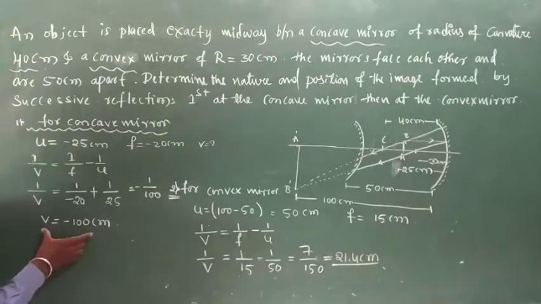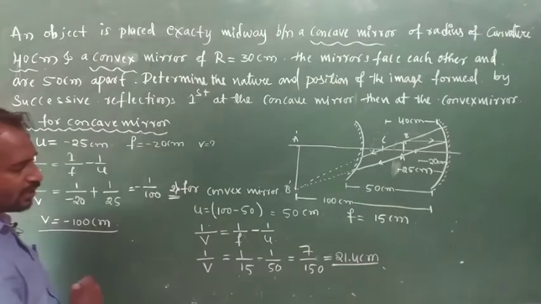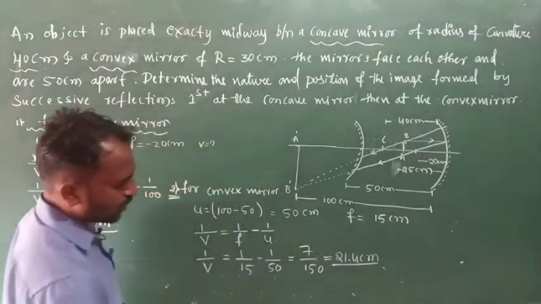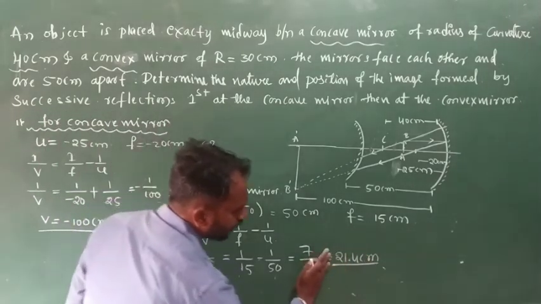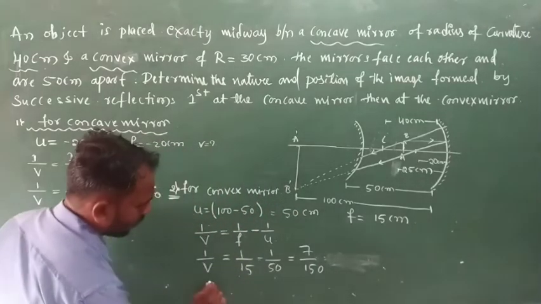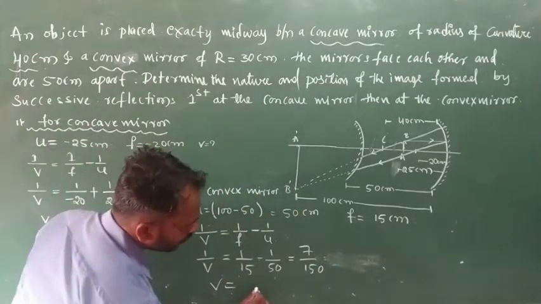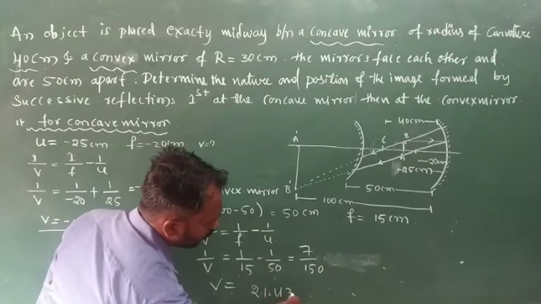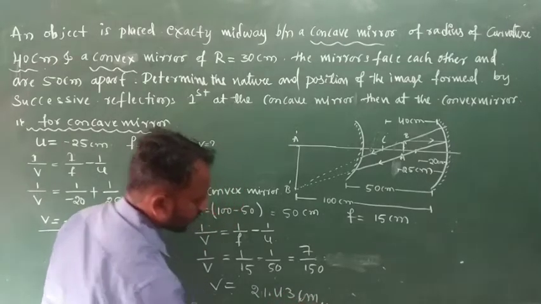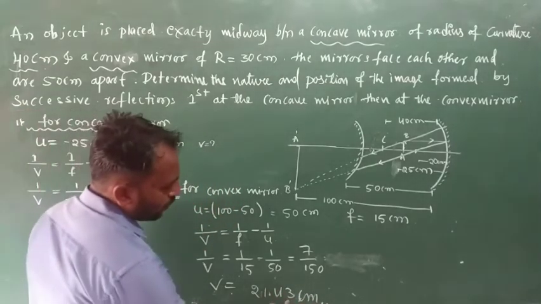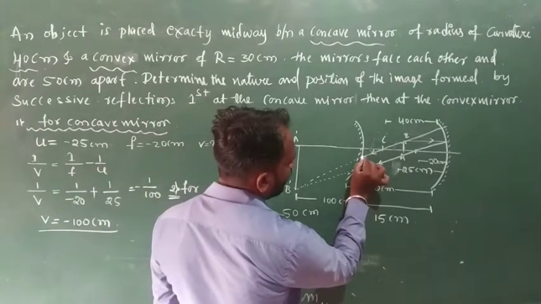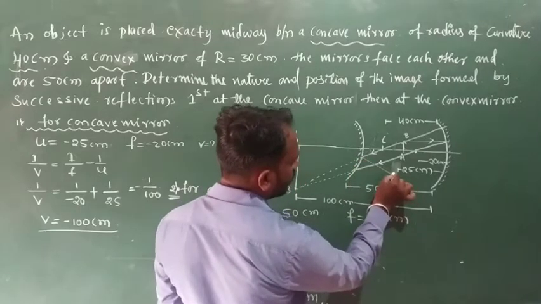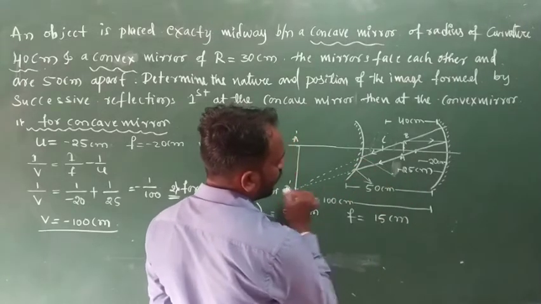Okay, so first the concave mirror image is minus 100 centimeter, image distance 100 centimeter. And for this image, v is equal to 21.43 centimeter. It means the light rays are reflected in this direction.